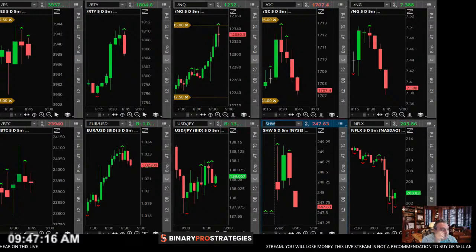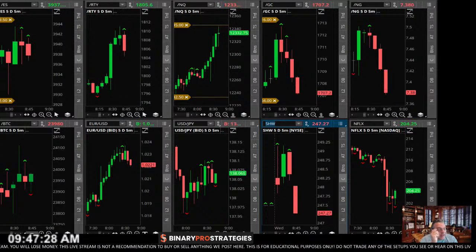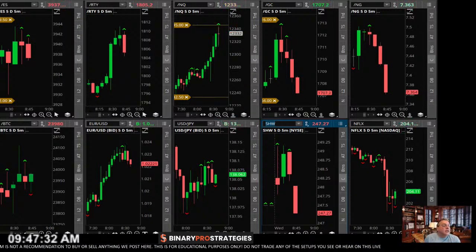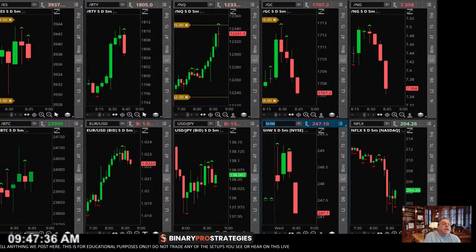That same pattern may set up in another stock or another currency, and then looking at the other factors and patterns, if they all confirm, we'll take that trade. So just trading a naked pattern long and short is not what we recommend.